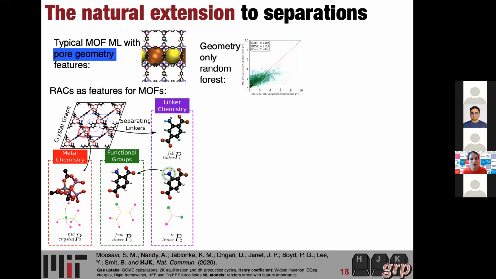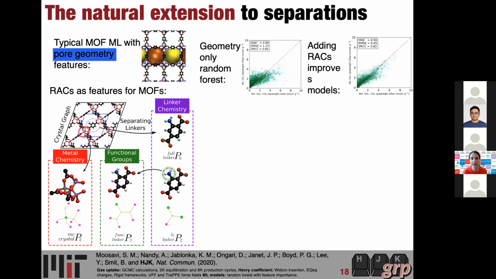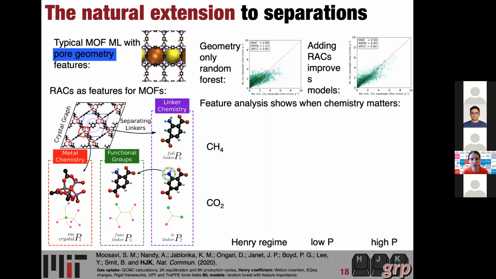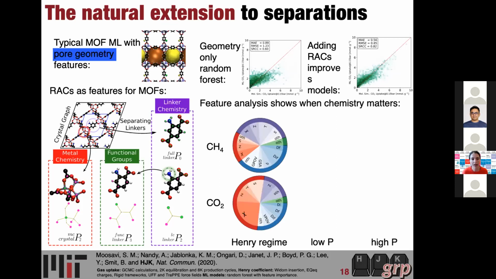So the first thing we wanted to ask was, do RACs, especially RACs decomposed to different components like the SBU, which is the secondary building unit or metal node, versus linkers and so on, help at all for gas uptake? And the answer is yes. Also, analysis of the most important features, the most important RACs, tells us things like that for CO2, the chemistry of the metal node matters more than it does for methane, because methane behaves more like a rock.